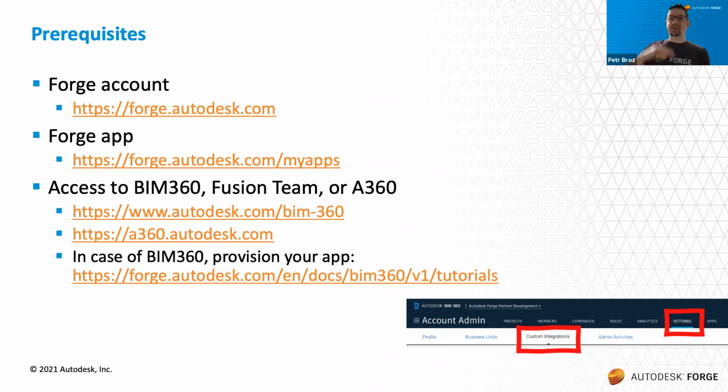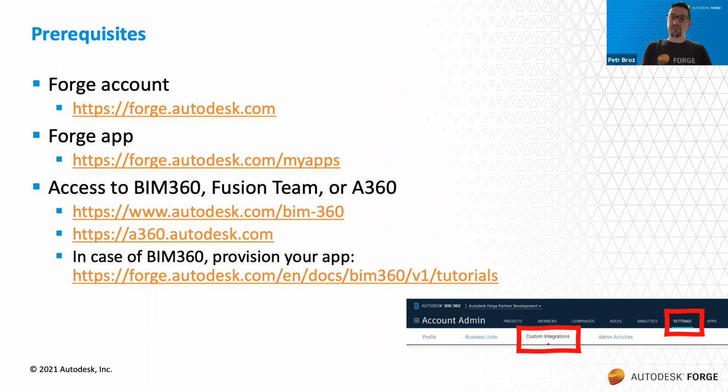This is an additional security measure that the BIM 360 product has, right? So BIM 360 will not allow your custom Forge application to access its data unless you, as an admin of your BIM 360 project, add it to the list of allowed applications.